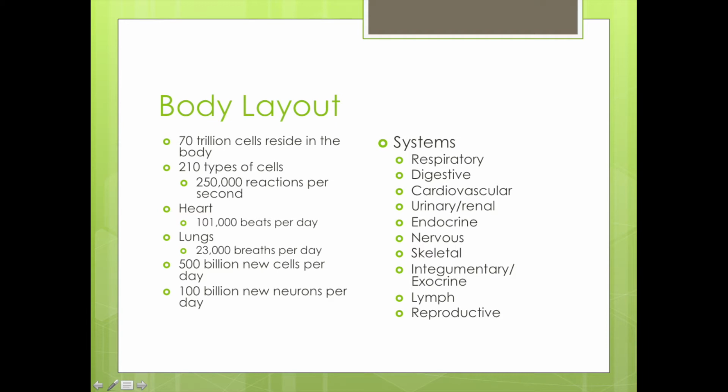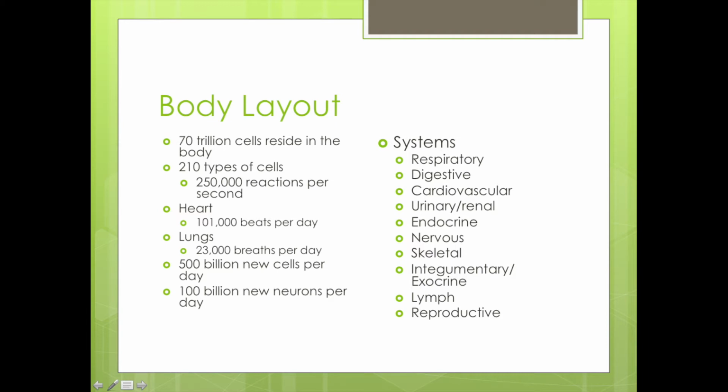The lungs take in oxygen about 23,000 times per day. 500 billion new cells are produced per day, 100 billion new neurons produced per day. We have an array of systems that act in an interdependent manner. And I think it's safe to say that we are still not aware of the entirety of what is managed by each portion of the body and the depth of functionality.